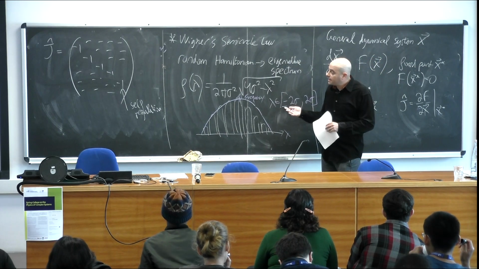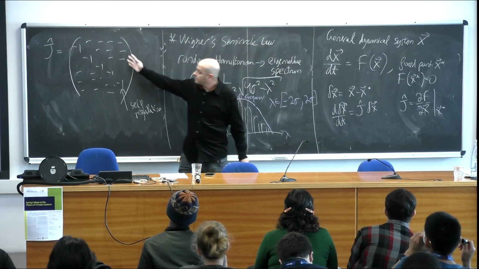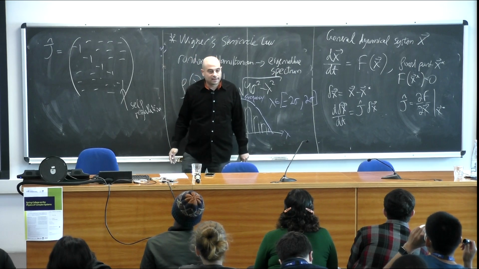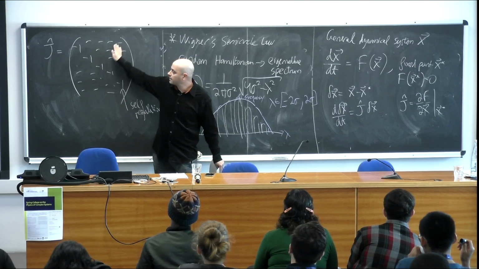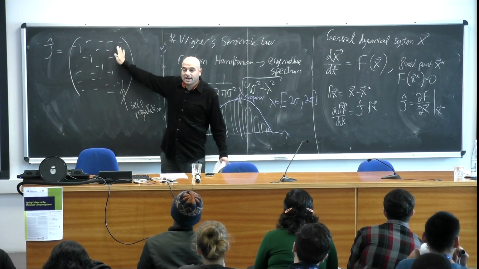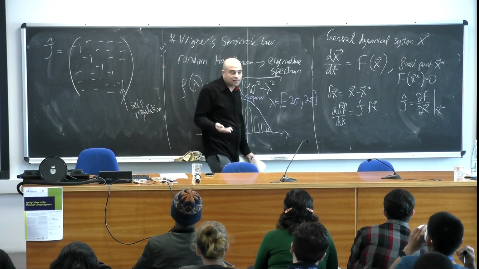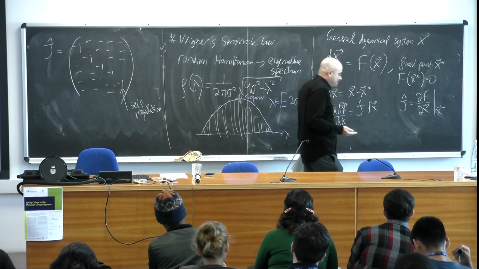But the ecosystem, we said, is completely random, right? So there is no obvious symmetry between Aij and Aji, and also ecologically speaking, it doesn't make sense.